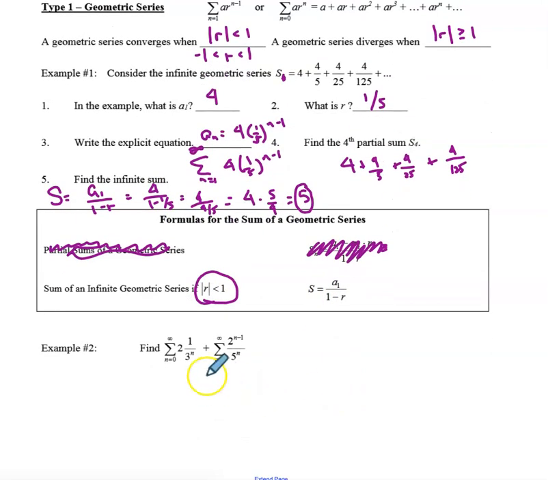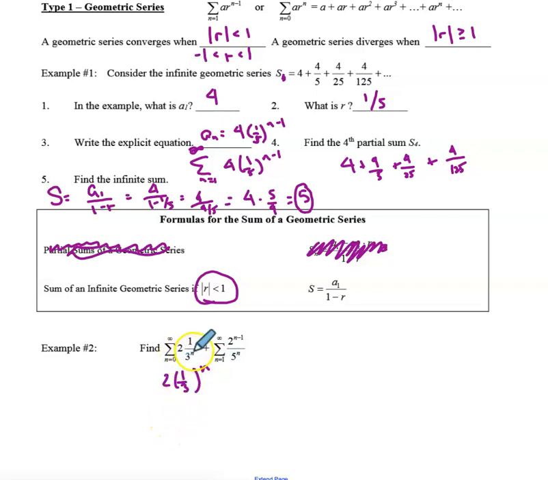So let's look at an example. If I ask you to add the infinite sum here plus the infinite sum here, what I want you to do for each is take your first term and divide it by 1 minus the common ratio. So you might have to rewrite the expression of the underlying sequence a little bit to make sure you understand what the underlying sequence is. For this one, it's 2 times 1/3 to the n.